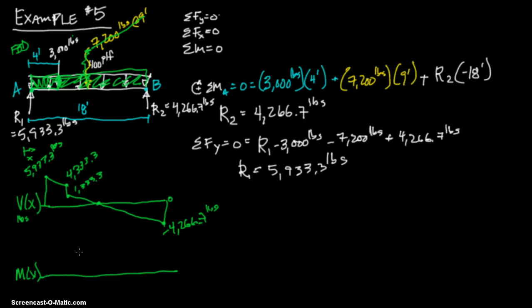So when moment stops going up, you get the max positive moment right there. Then it's going to go down and meet back at 0. And hopefully that's starting to become, hey, yeah, I can see that.